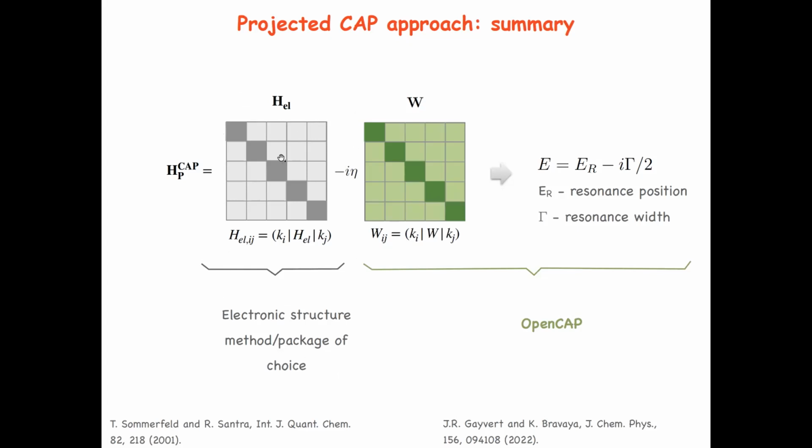We will need some information from it: energies, and one particle densities and transition density matrices. We will calculate CAP matrices in the basis of these zero order states in our external OpenCAP software, and also in OpenCAP we will perform diagonalization of this CAP augmented Hamiltonian, analyze the data, and extract parameters of the resonance, so resonance energy and width.